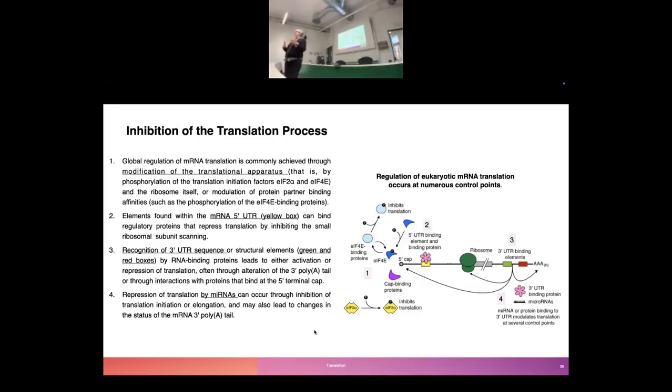But there are exceptions, and the exceptions allow a response to those stress situations in which it's necessary to slow down the whole machinery, but leave the possibility for the translation of some mRNA. And those mRNA have a different characteristic for the interaction with the small ribosomal subunits, allowing them to bypass the 5 prime cap inhibition.